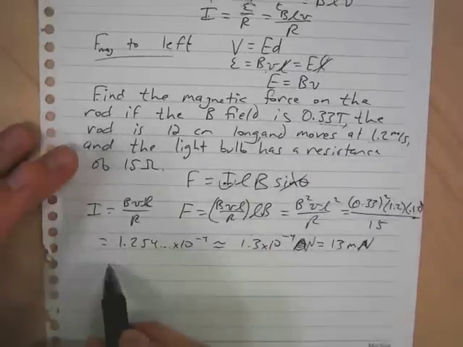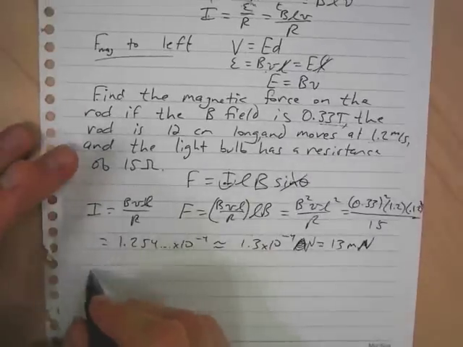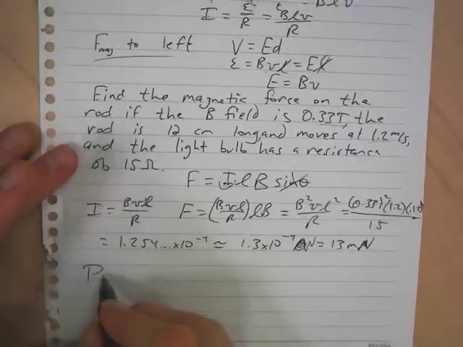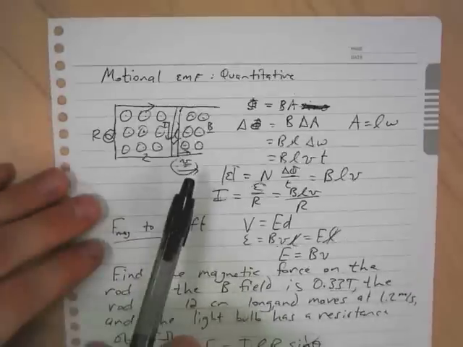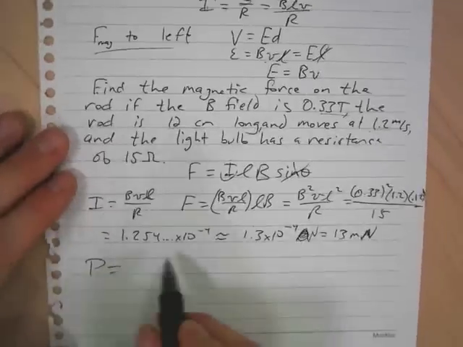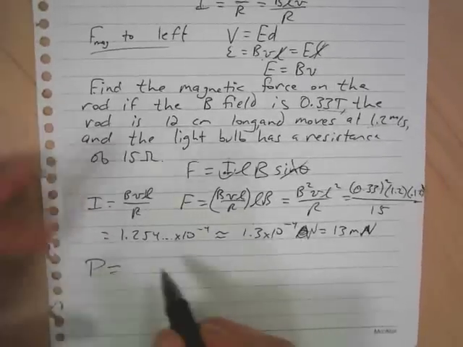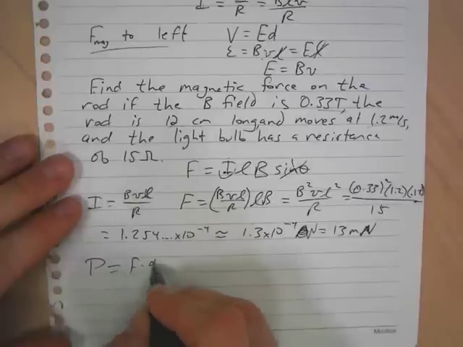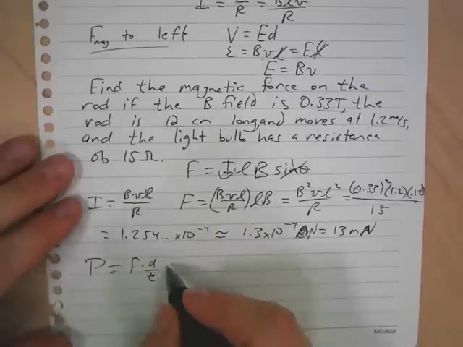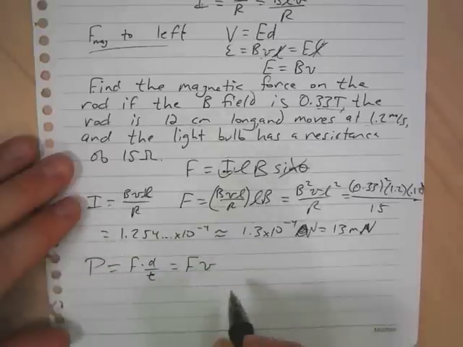So the power of that pushing force on the wire is, well, work is force times distance, we know, and power is work over time, so we have force times distance over time, which is just force times velocity.